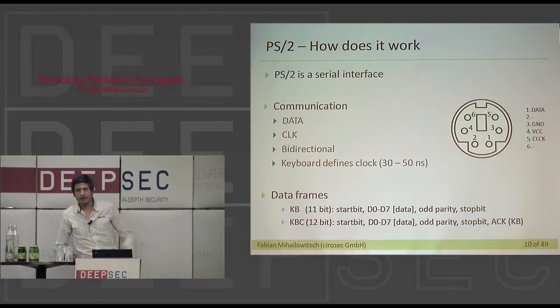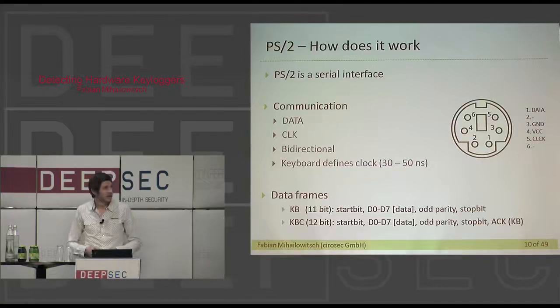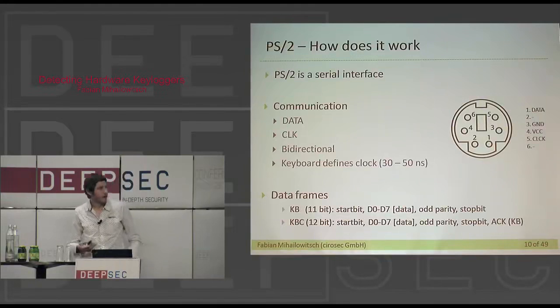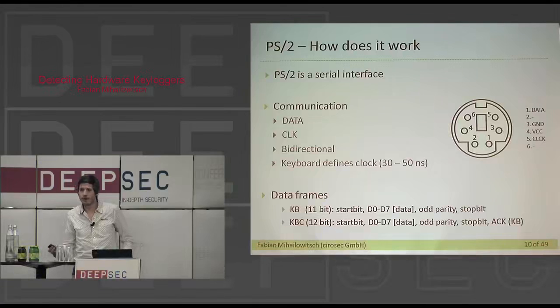The PS2 interface, I'll just go quickly over it. I guess most of you know the port, have seen that one. Interesting are basically just 2 pins, the data pin and the clock pin, which are used to transfer the data. And the clock is defined by the keyboard, which can be between 30 and 50 nanoseconds.